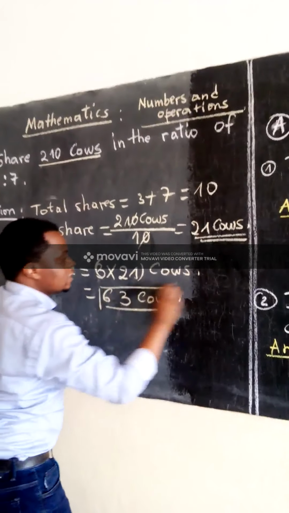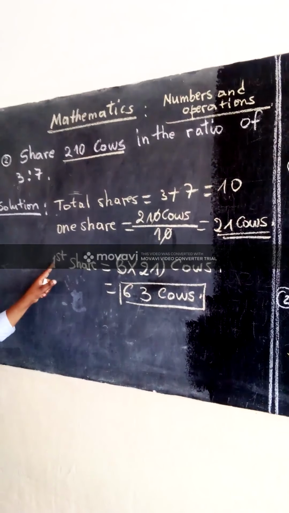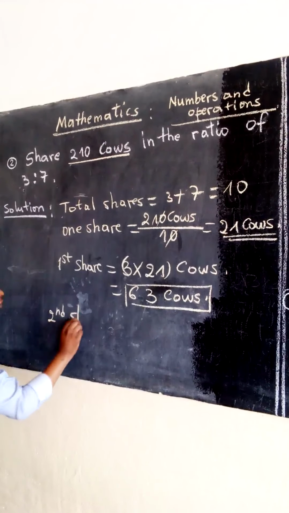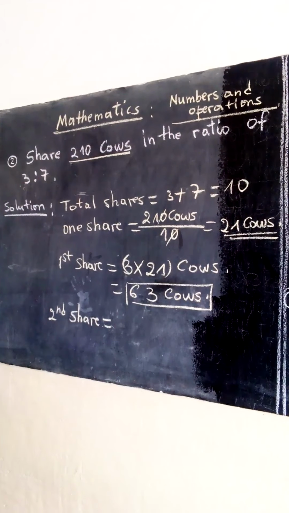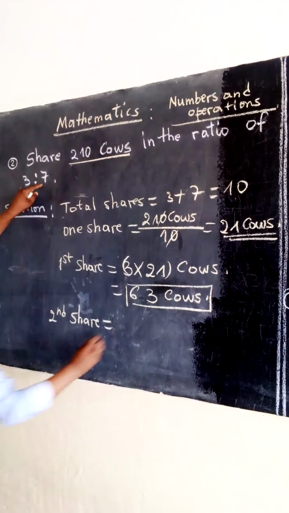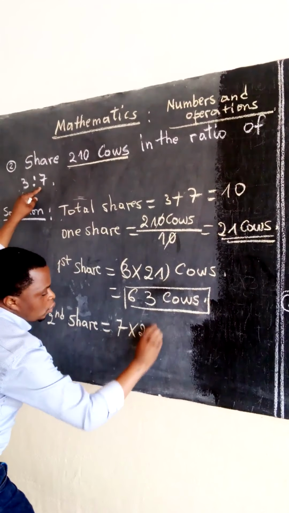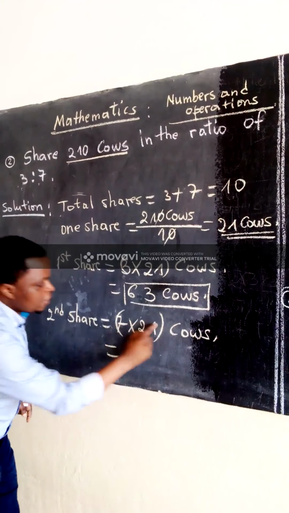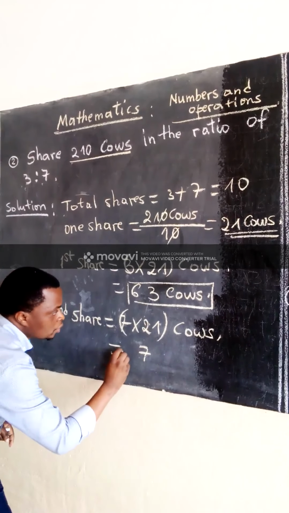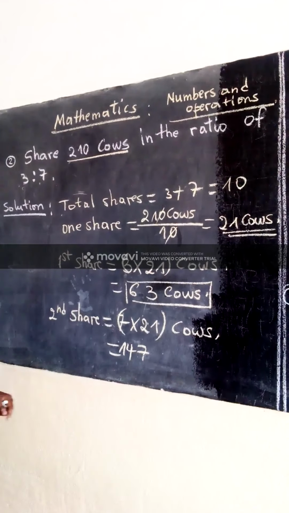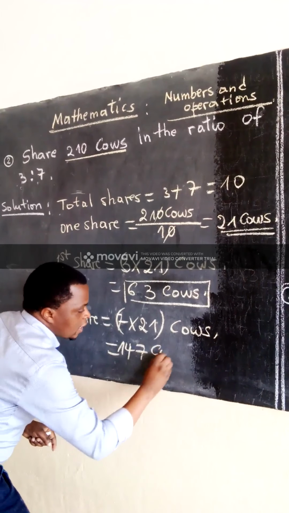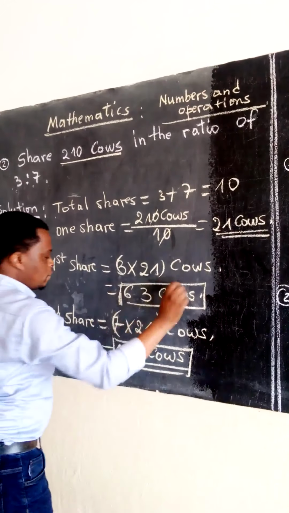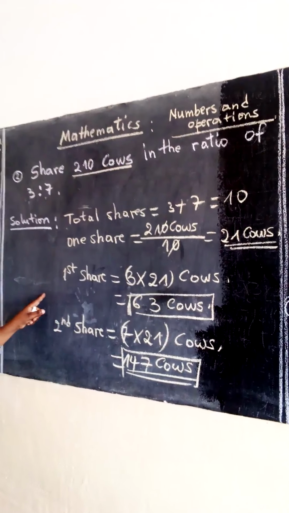That is the first share, which is equal to 3 shares. Now second share, for second share we have 7 shares. We take now 7 times 21 cows. It is equal to 7 times 1 is 7, 7 times 2 equal to 14. 147 cows. So this is how now we can share in ratios. I think you remember very well.